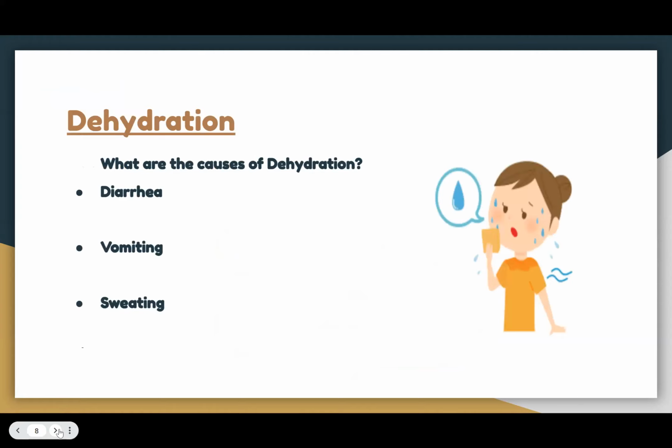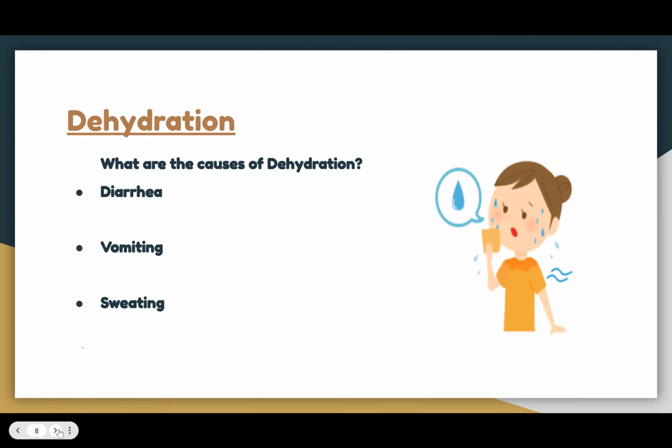Okay, so dehydration. There are three main causes of dehydration. I'm going to lump in diarrhea and vomiting because those two things cause dehydration because your body doesn't have the fluid it needs to function properly.